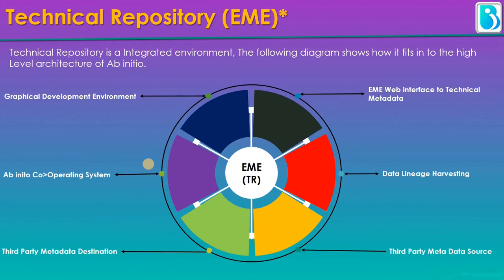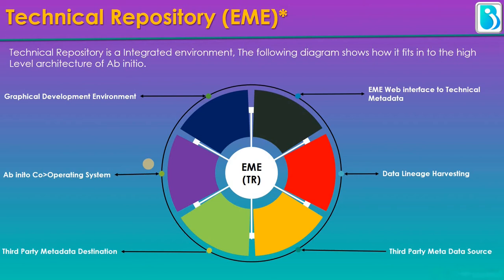Okay, moving on to the next slide. The technical repository is an integrated environment. The following diagram shows how it fits into the high-level architecture of Ab Initio. EME can be integrated with the Graphical Development Environment, which is the main front-end development tool for all Ab Initio users.